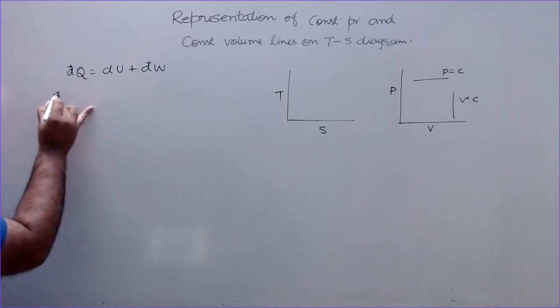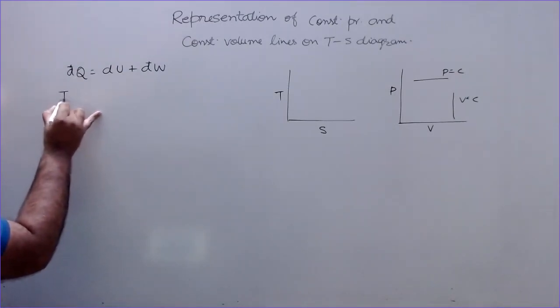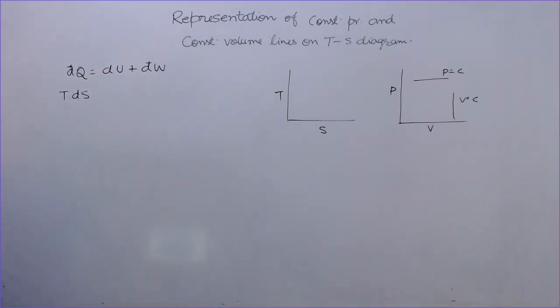Whichever way it is written, you just understand the meaning. So what is dq? This is equal to TdS. ds is the change in entropy. Entropy is a property of the system, and we will discuss this at length during our discussion of the topic of entropy.